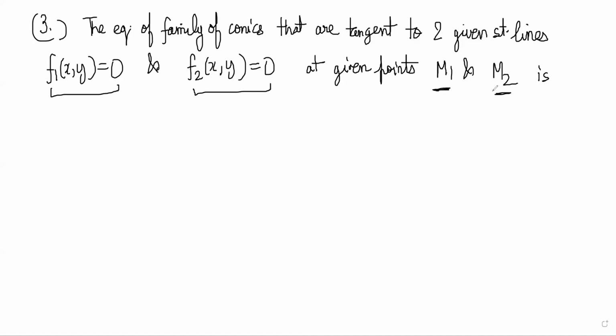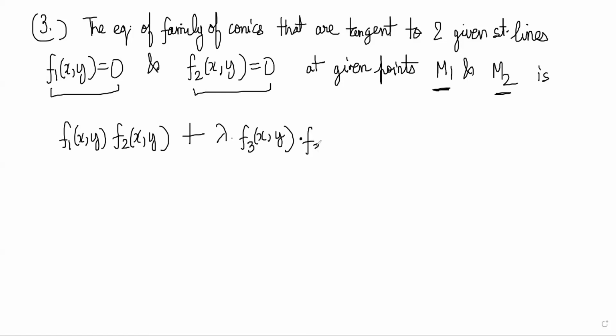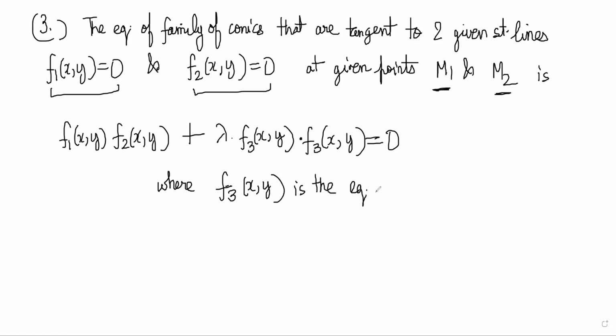So all possible conics that satisfy this condition will be f1(x, y) multiplied by f2(x, y) plus lambda times f3(x, y) multiplied by f3(x, y) equal to 0, where what is this f3(x, y)? f3(x, y) is the equation of the line joining M1 and M2.